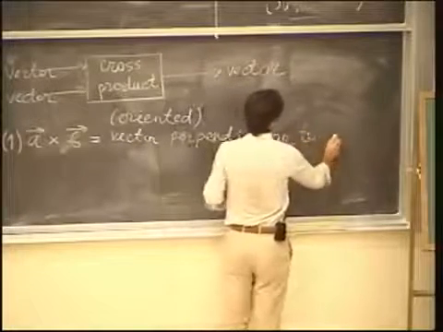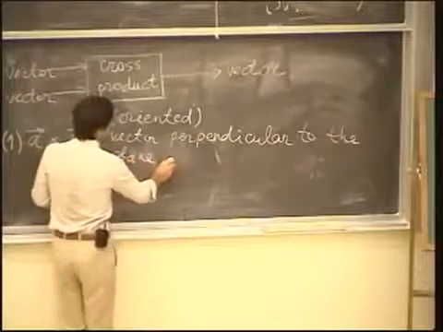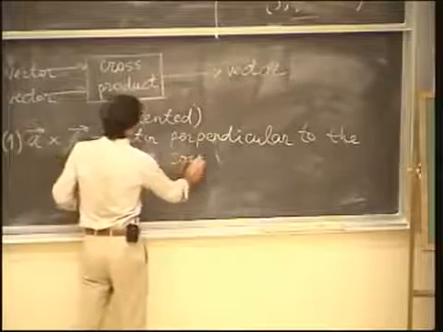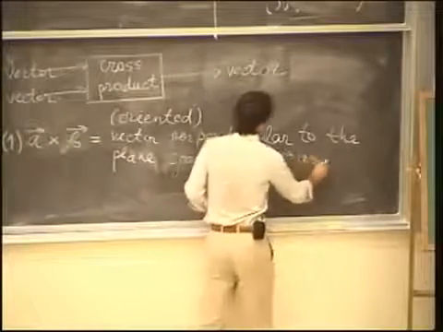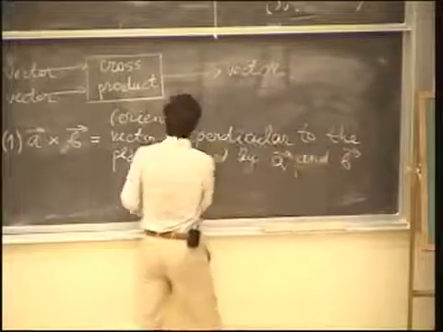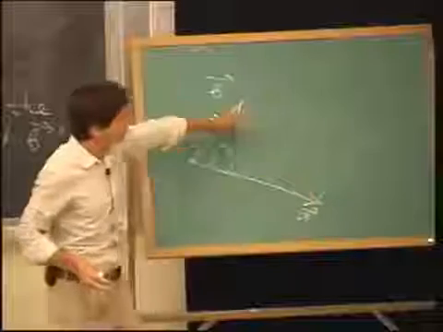Spanned by A and B means a plane which contains both of them.